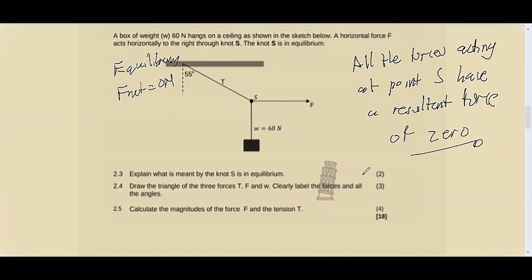Right. So this is the meaning of that. So knot S is in equilibrium. That means all the forces that are acting around knot S here have a resultant force of 0 newtons.